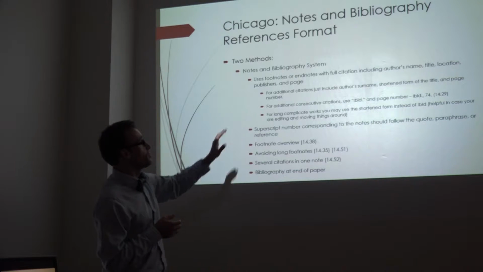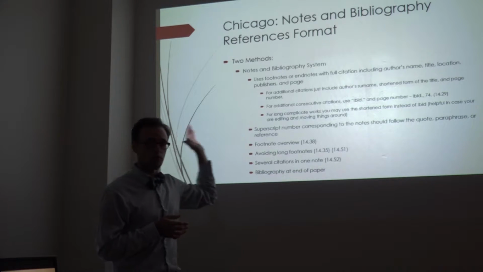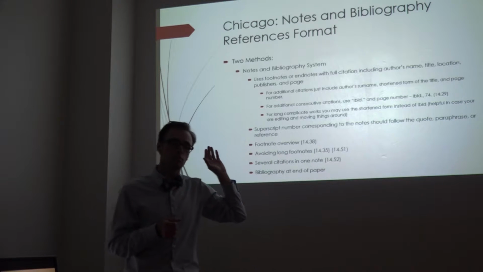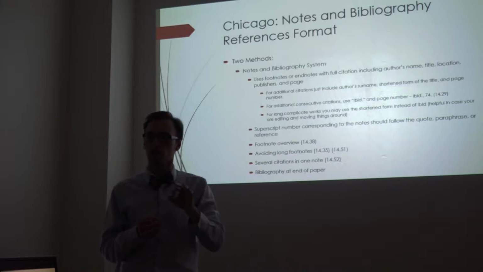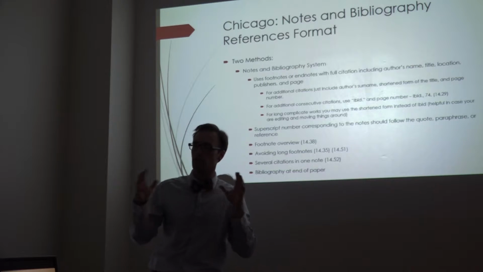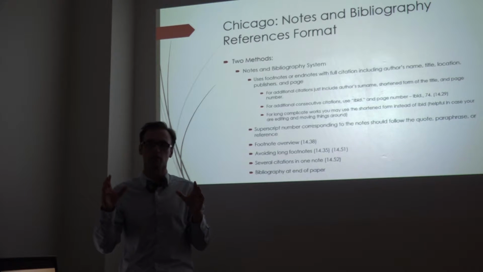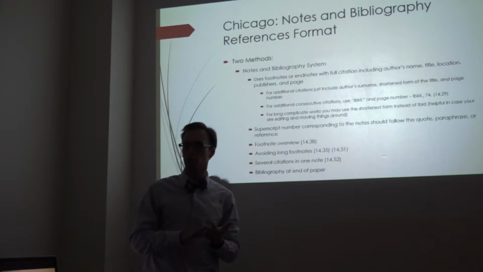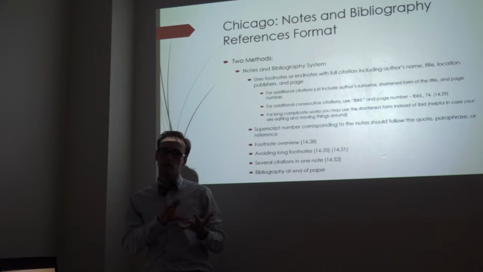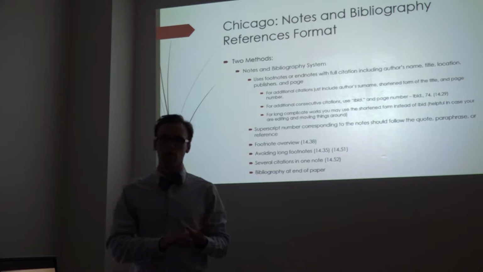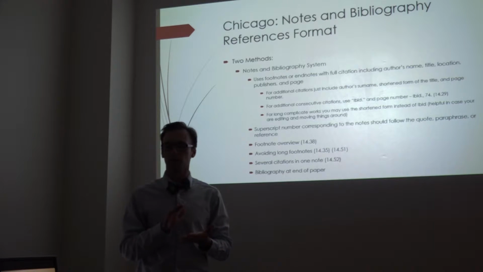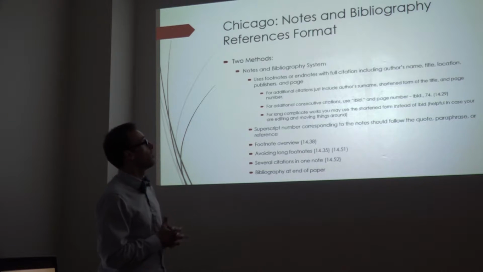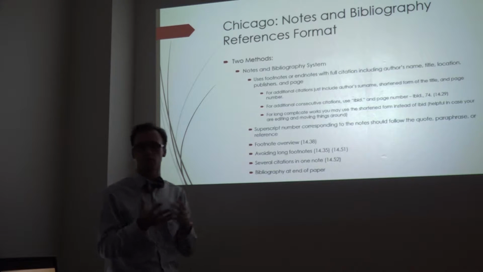We're going to go through some examples, but every time you cite a work for the first time, use the long version of the citation. So the full title, don't abbreviate, and then all the publisher information, the year, include that in your first footnote. For additional citations, you can use one of two methods.